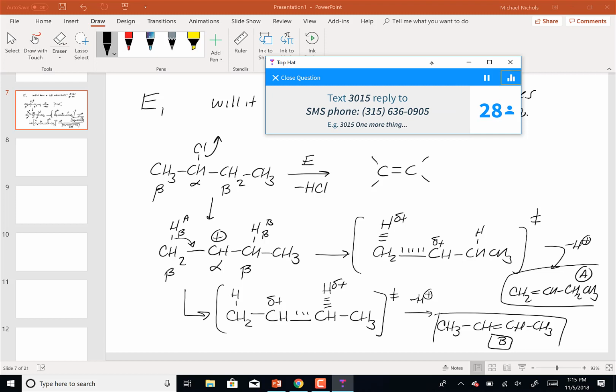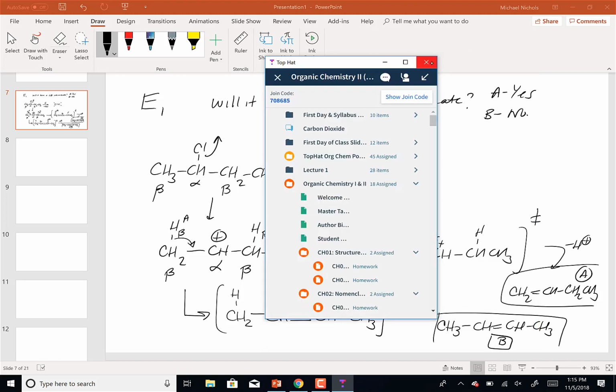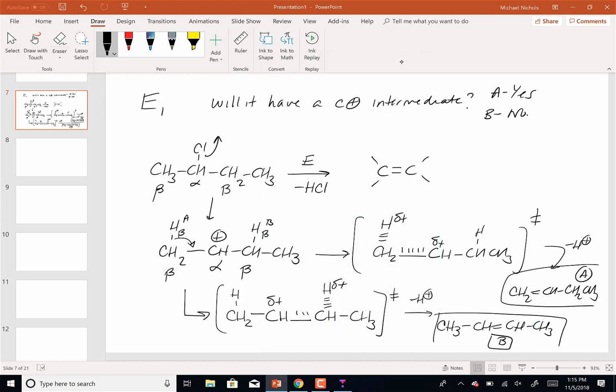Okay, let's see what we've got. 25 B's and 3 A's. Okay, the majority is B. Why? Isn't the most stable product the more favored one?